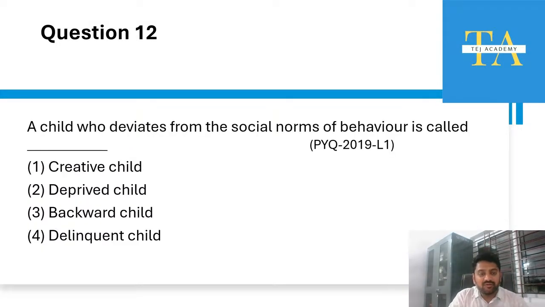A child who deviates from social norms of behavior is called. So when there are set of rules in the school, if he deviates, when there is a set of rules in the norms in the society, if he is deviating, we call him as, yeah, many of you are identifying one, two, creative child.